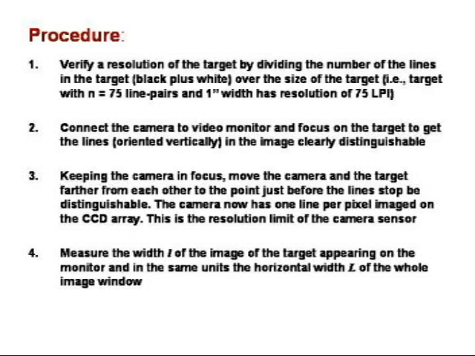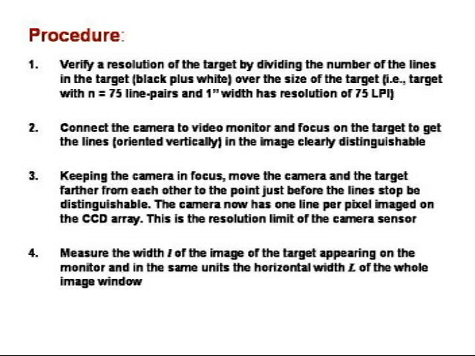Then, keeping the camera in focus, you move your camera and the target farther from each other in such a way that the lines stop being distinguishable. And the camera now has one line per pixel imaged on the CCD array. This is the resolution limit of the camera sensor.